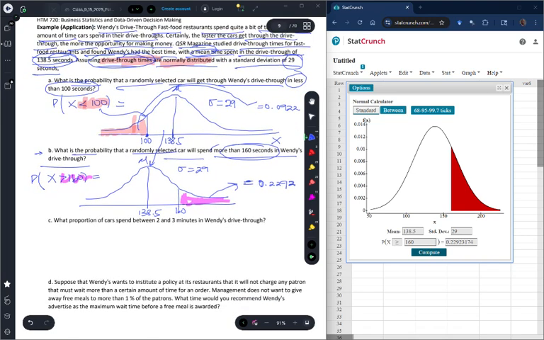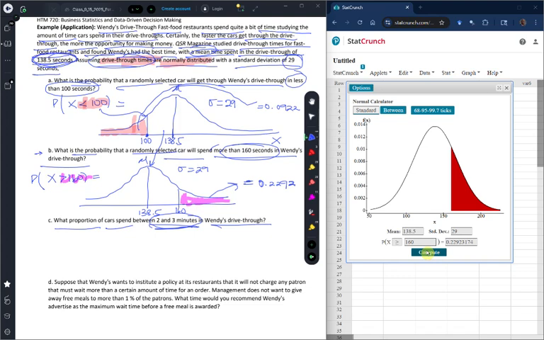The next part of the question says, what proportion of cars spend between 2 and 3 minutes in Wendy's drive-thru? What is particular about this question is that the unit of measurement of time has slightly changed to minutes. Well, so far the parameters were measured in seconds, and so you have 138.5 seconds and 29 seconds.